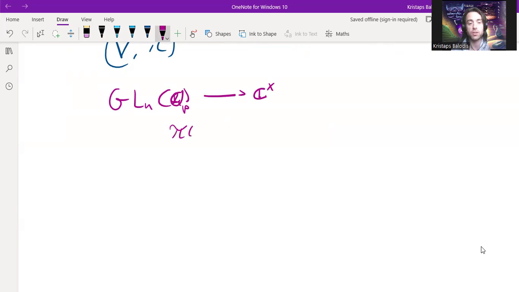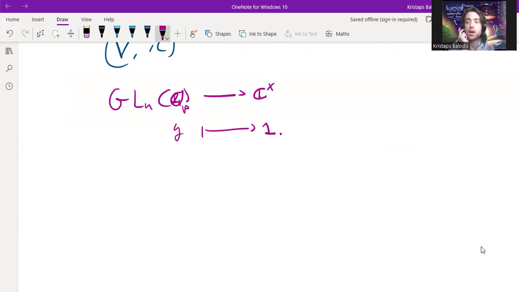So we just have, this is GL of the complex numbers. We just send every matrix to the number one. Right, trivial representation. It's irreducible. We love our irreducible representations.